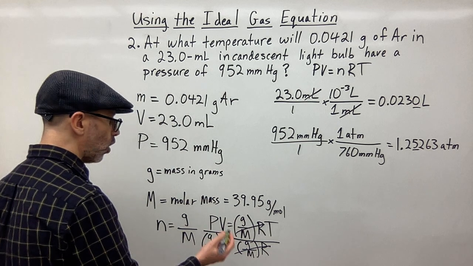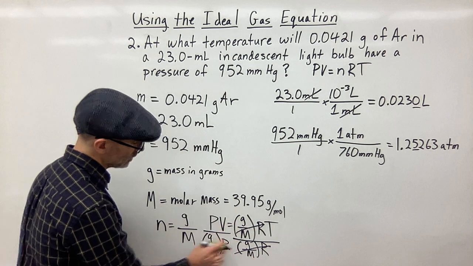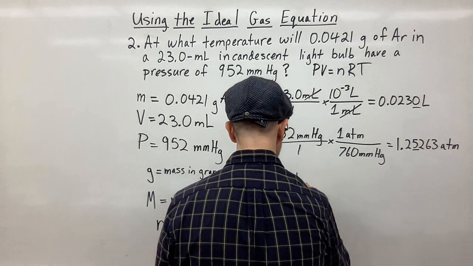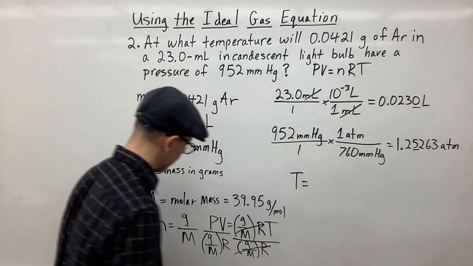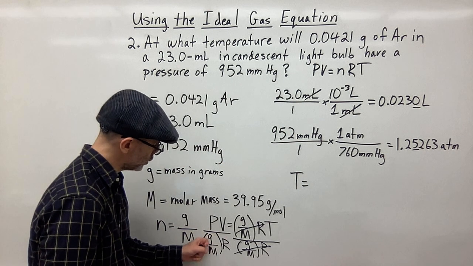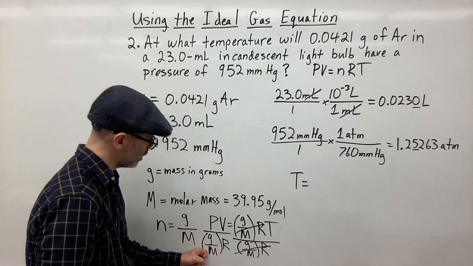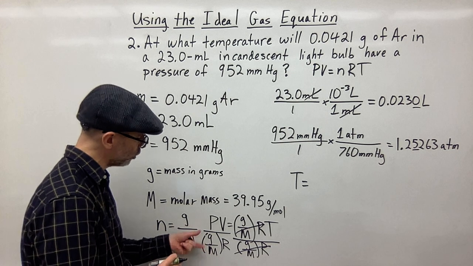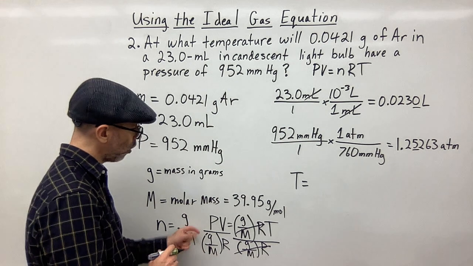Dividing by a fraction, G over M, is the same as multiplying by its reciprocal. So I can multiply by M over G.